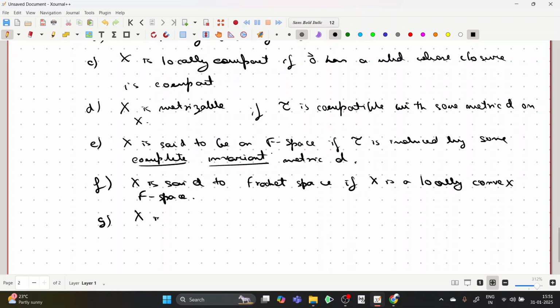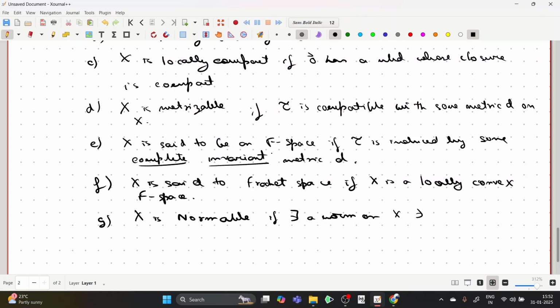We say that X is normable. As the name suggests, it's normable if there exists a norm on X such that, now we know that norms induce metrics and metrics induce topology. Once I have a norm, I need to link it with the topology which is already existing on this topological vector space.